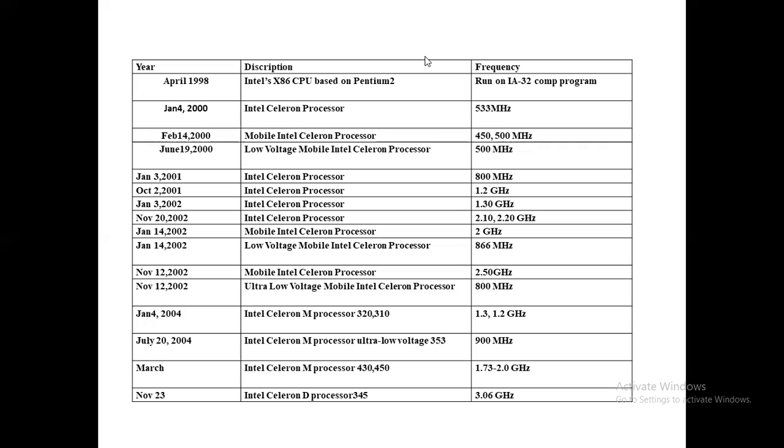The first desktop processor including 14 cores like Core i9-7940X was released in September 2017. The first desktop processor including 16 cores like the Core i9-7960X was released in September 17.